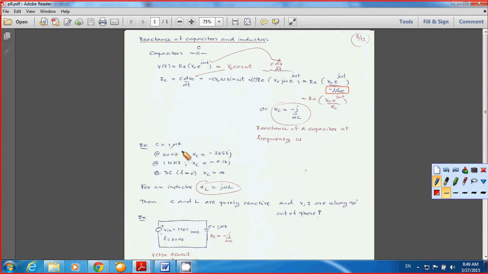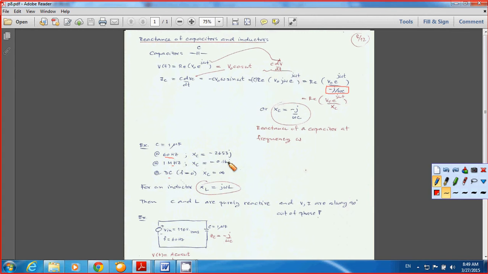For example, we have a capacitor of 1 microfarad, and at the frequency 60 hertz, you just plug in the numbers here. Xc equals negative j over omega C, and then you can see the different frequencies.